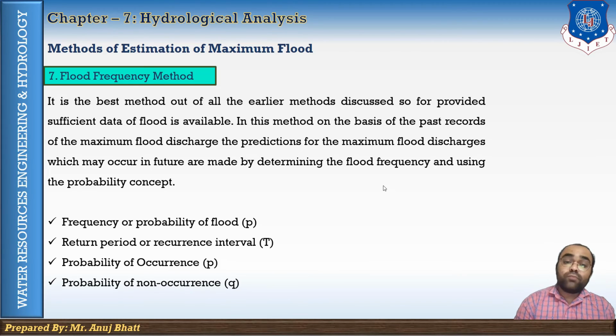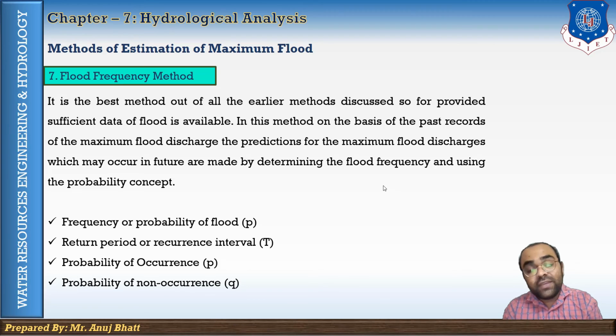The last is the probability of non-occurrence, denoted as Q. If the probability of occurrence of an event is P, then the probability of its non-occurrence in any one year is given by Q, which is equal to 1 minus P.